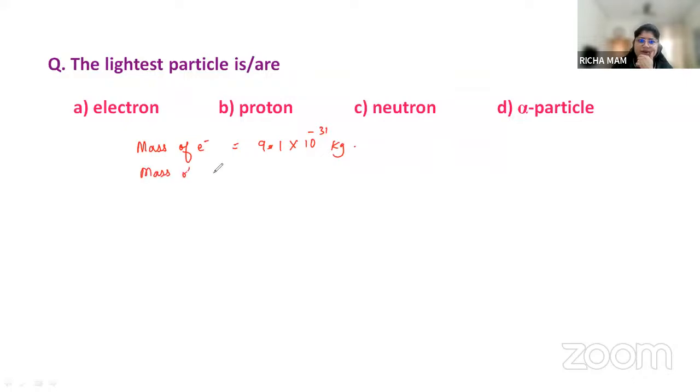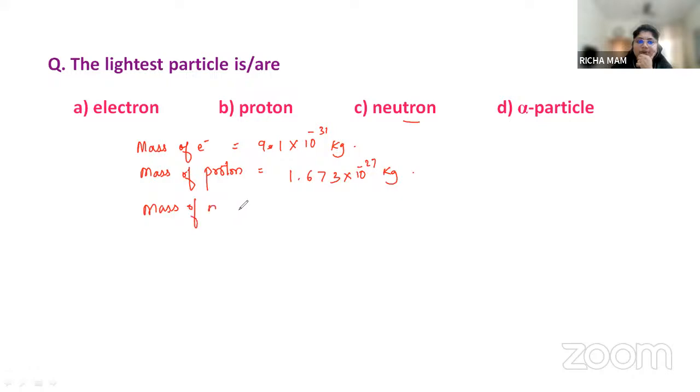Next is the mass of proton. Proton is a positive particle. Its mass is 1.673 into 10 raised to minus 27 kg. Then the mass of neutron.